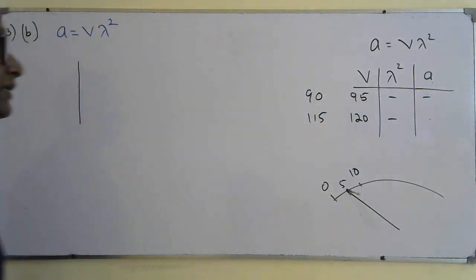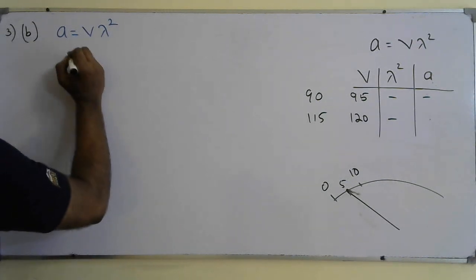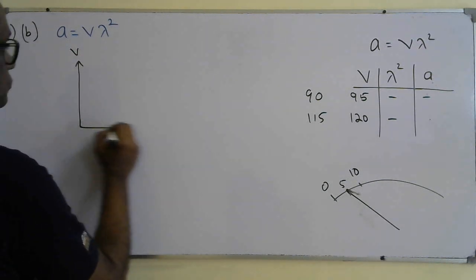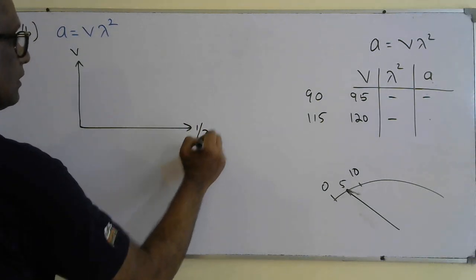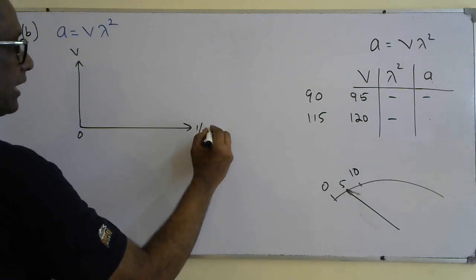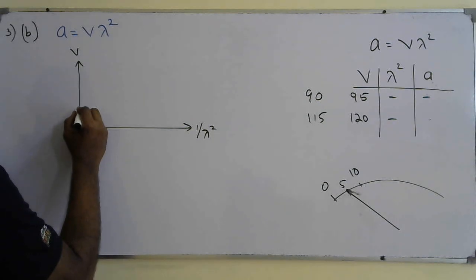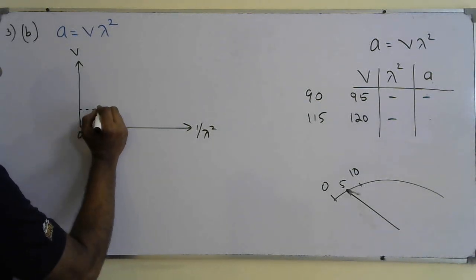But when you are plotting a graph, what will happen? Say, for example, you are plotting a graph with V on the y-axis and 1 over lambda squared on the x-axis. Imagine for a particular 1 over lambda squared value, the voltage, as I told earlier, you are getting 95.